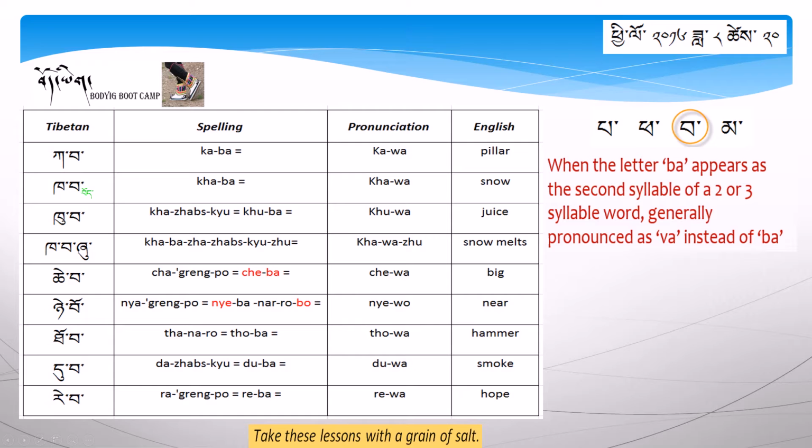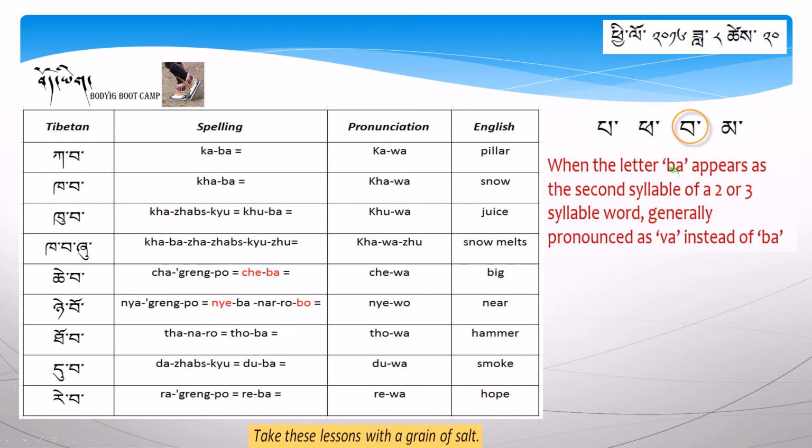Gawa, kawa, kuwa, shu, chewa, nyewa, towa, rewa. And how you spell it out and how you pronounce it, and then the meanings in English.